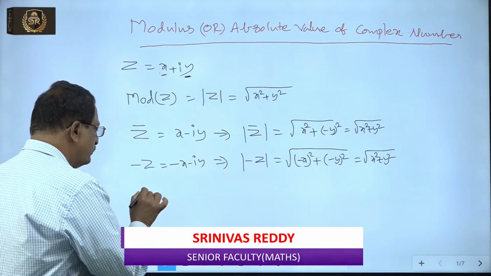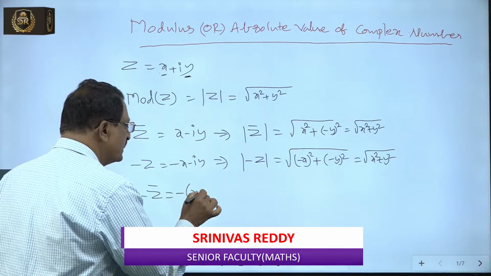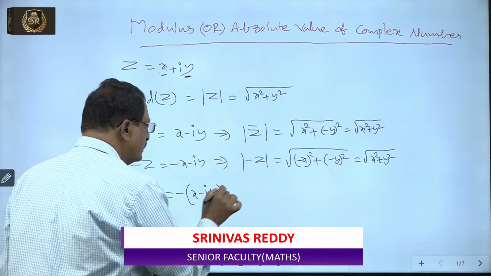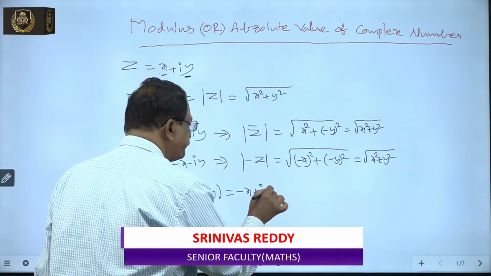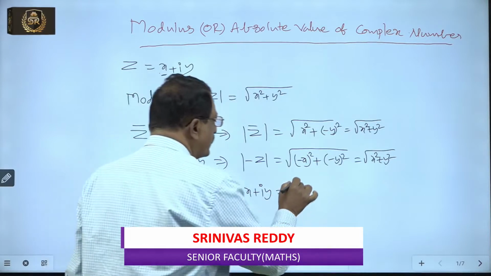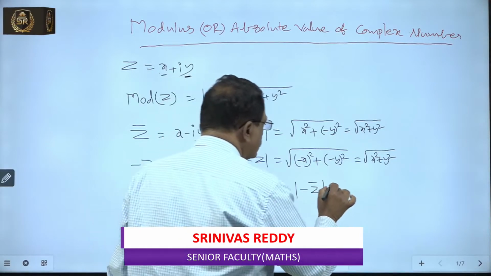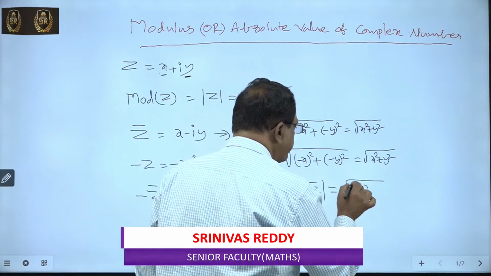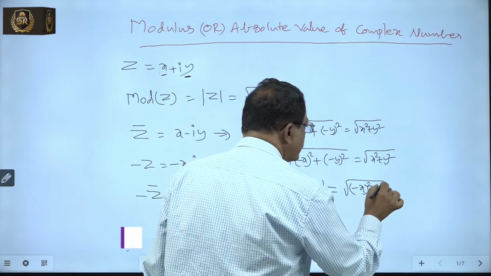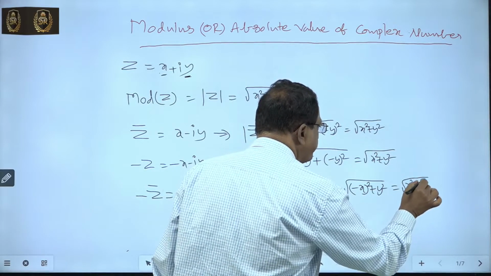Similarly, minus z bar equals minus of x minus iy, that equals minus x plus iy, which implies mod of minus z bar equals the square root of minus x whole square plus y square, that equals the square root of x square plus y square.